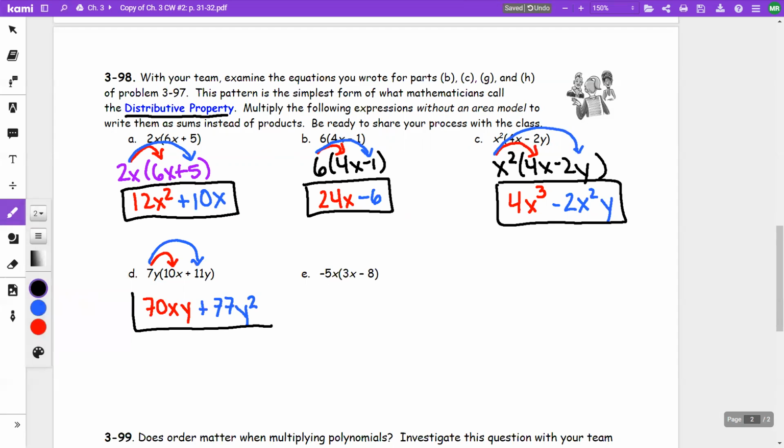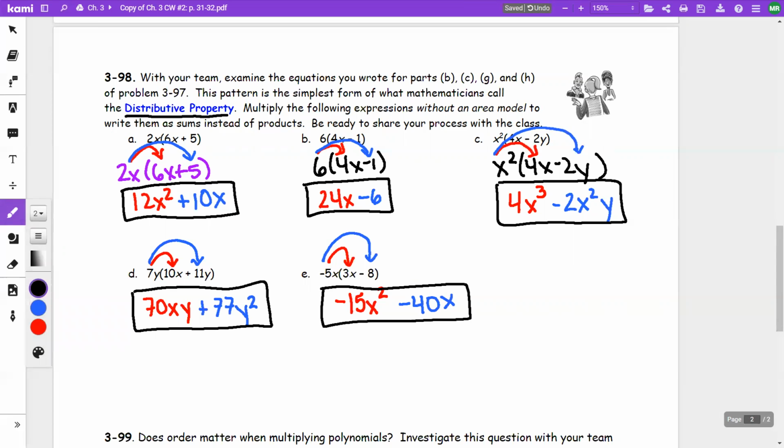And that's going to be our answer. And on the next one, I'm going to have a negative 5x times a 3x, which is a negative 15. And x times x, remember, is an x squared. And then a negative 5x times a negative 8, which is a negative 40x. And those are our answers.